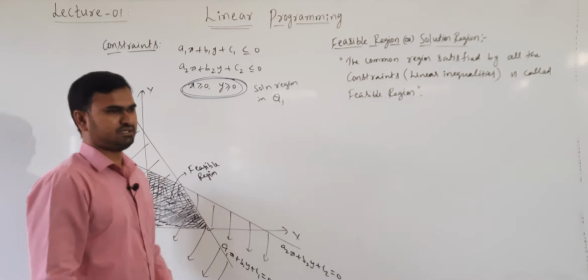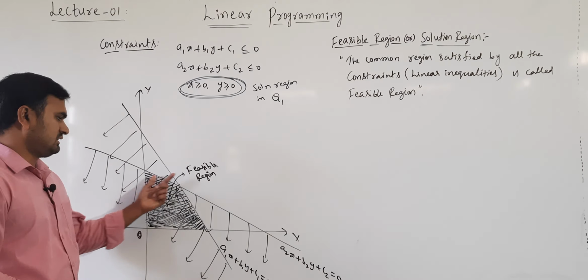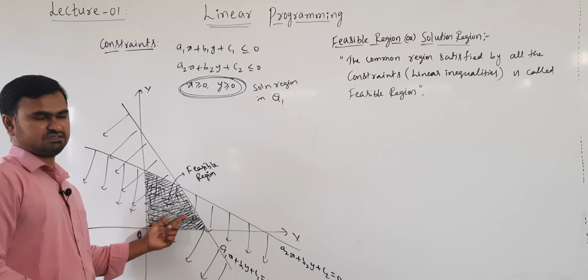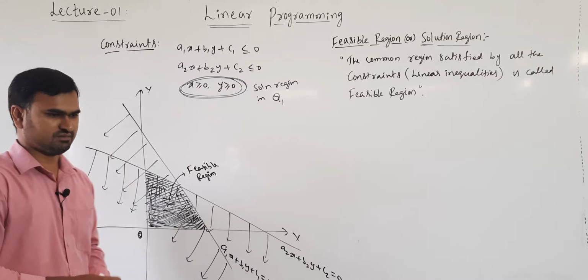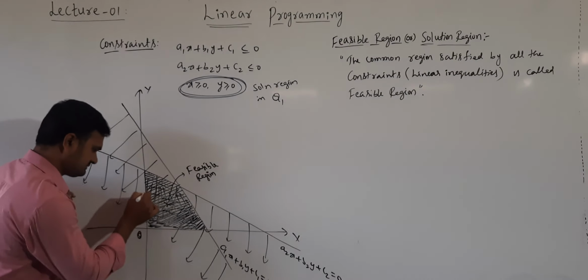Okay, the common region satisfied by all the constraints or all the inequalities is called the feasible region. So this is the feasible region here.